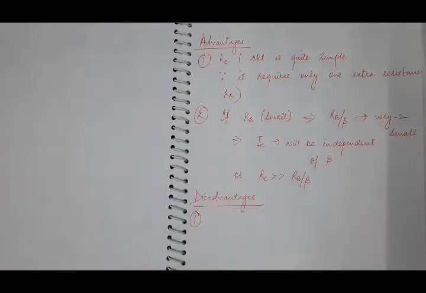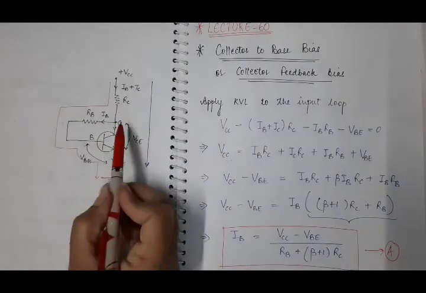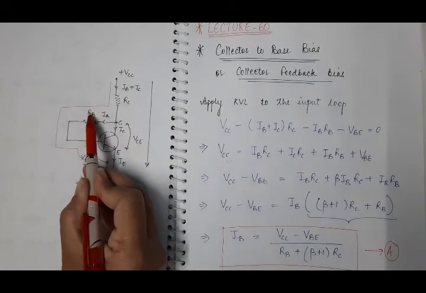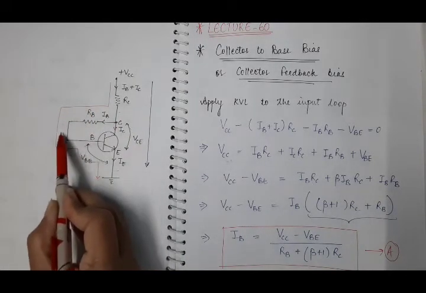And the second disadvantage is that the voltage gain of the amplifier is reduced. Why? Because the collector terminal is connected to RB, as you can see, and this VCB is acting as the biasing.